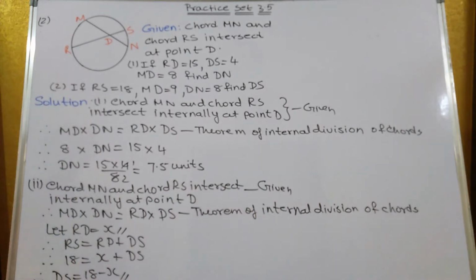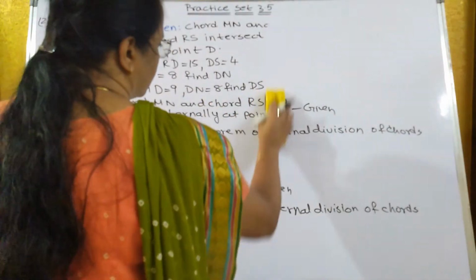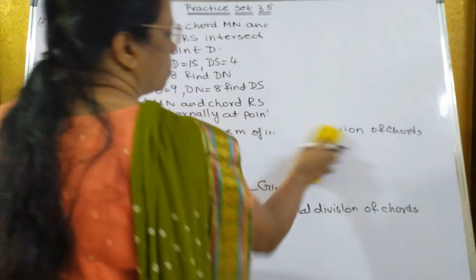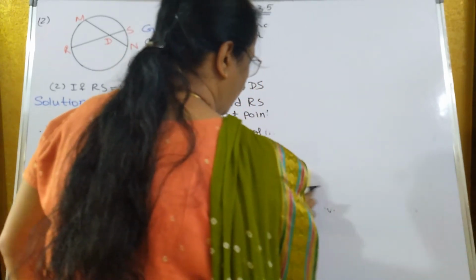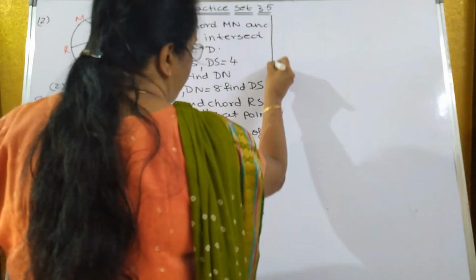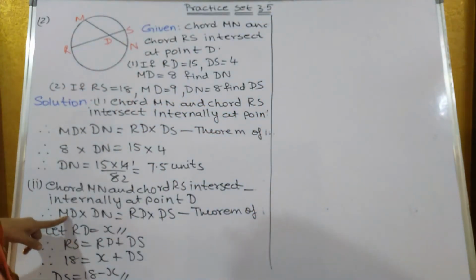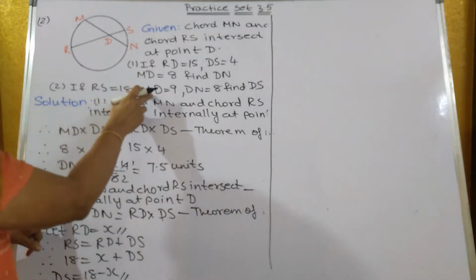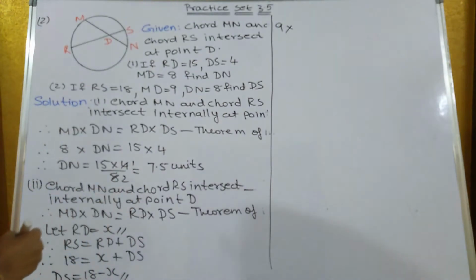Now we will put all these values over here. So what we will get? Now MD is equal to how much? Second one, MD is equal to 9. 9 into DN.